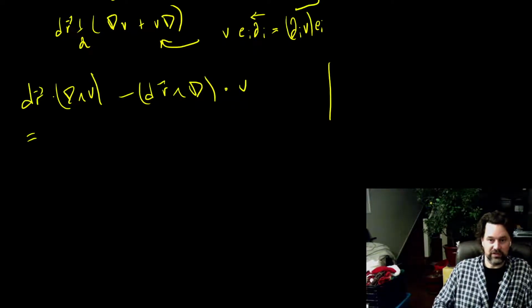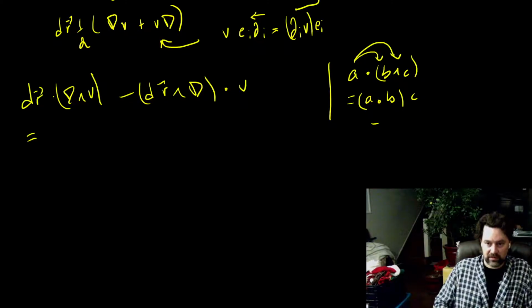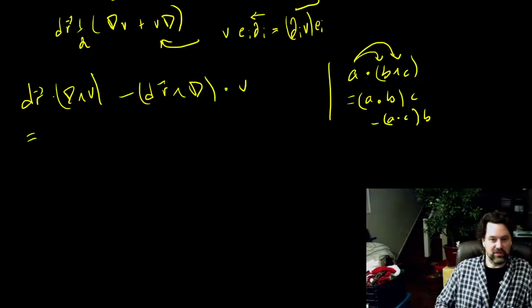So here we're going to use another identity. We have a dotted with b wedge c, and these are all vectors. Then that is a dot b c minus a dot c b. So that's how we distribute our dot product, vector by vector dot product.